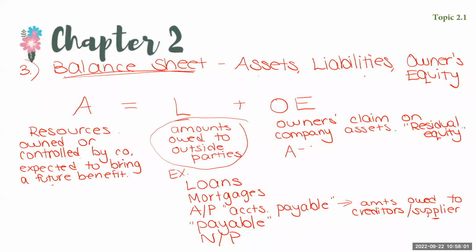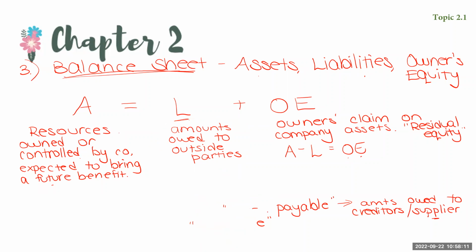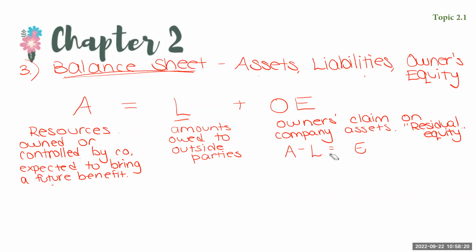So assets minus liability, whatever's left over is owner's equity. Those outside creditors take priority over the owner or owners of a corporation. If you study business law, you'll go through bankruptcy law and learn the order of bankruptcy. But owners are at the very bottom.